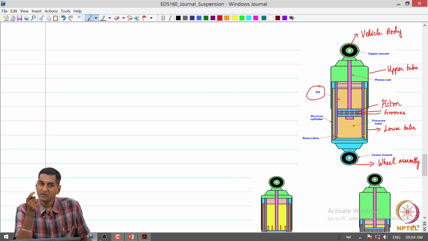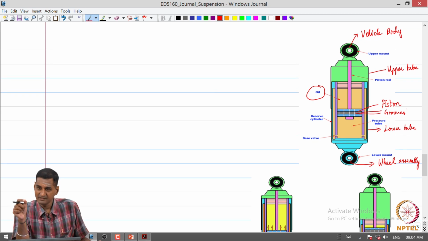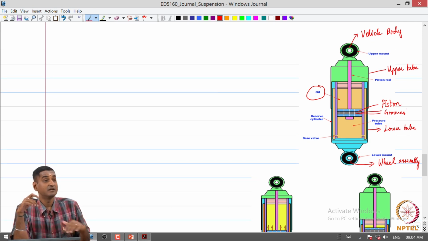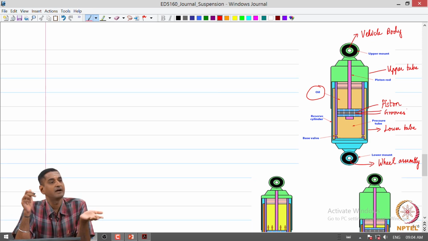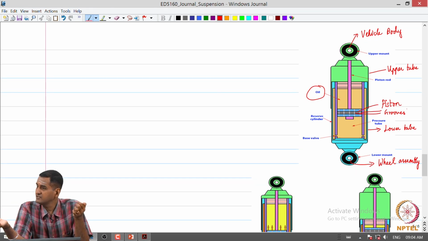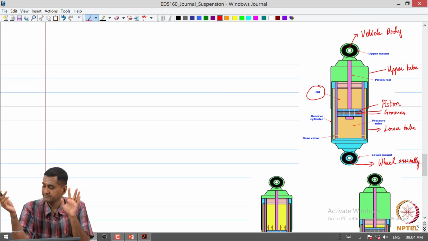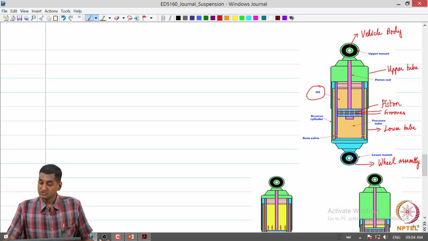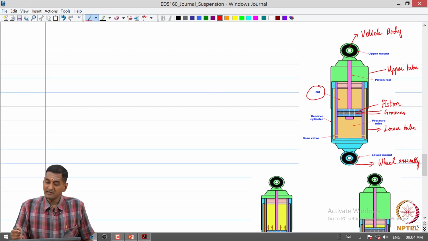When the oil is forced through the small orifices, due to the viscosity of the oil, there is going to be energy dissipation. That is how the shock absorber converts the kinetic energy to thermal energy and dissipates it. That is the mechanism of dampening the vibrations that are felt. So this is the typical arrangement.